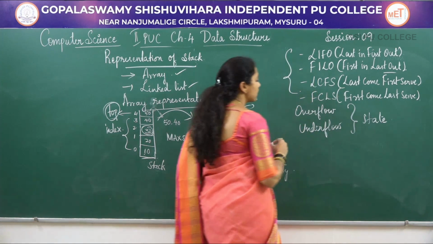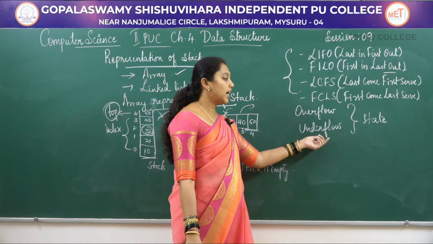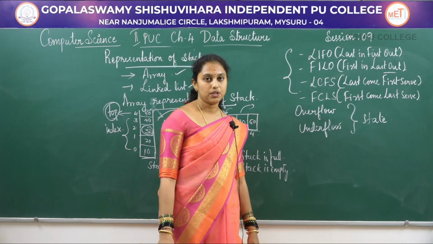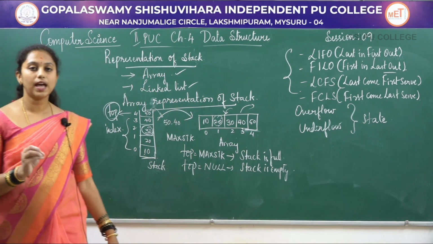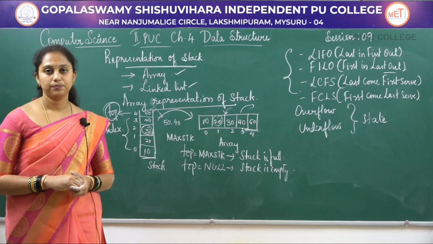If the stack is full, it is called the overflow state. If the stack is completely empty, it is called the underflow state. So this is about stack, the operations of stack as well as the array representation of stack. Thank you.